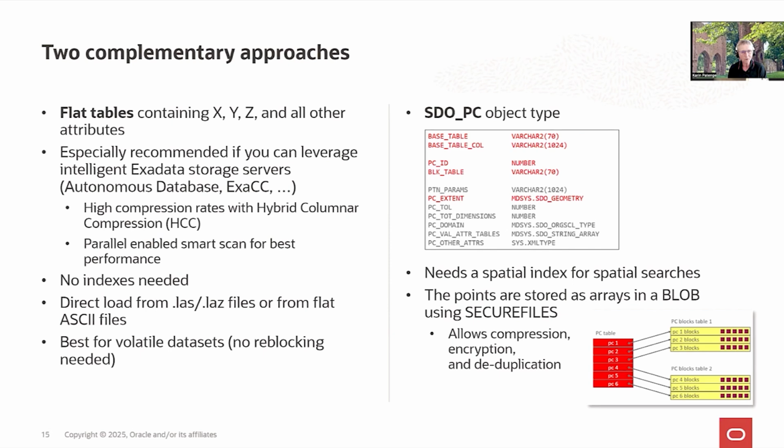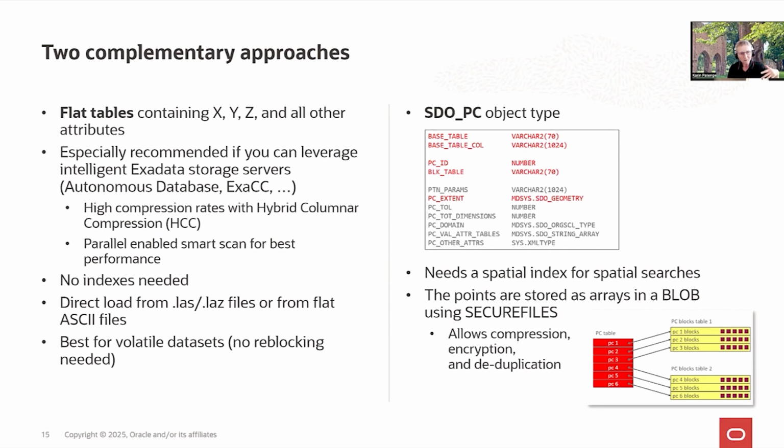There are several terms used to talk about storing point clouds in flat tables. As I mentioned, this data model is especially useful if you have an Oracle Exadata underneath, which is also the case for all your autonomous database instances. For example, I typically use an autonomous database instance, and that's why I started putting the examples together here for using the flat table model to store the point cloud data sets.